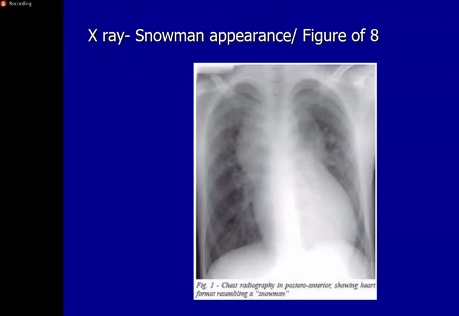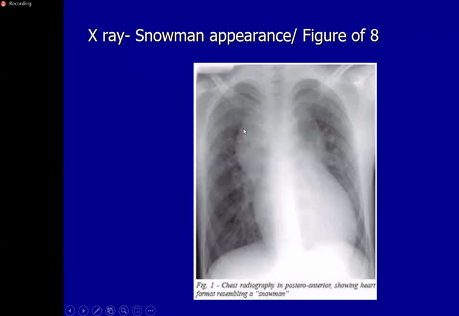Because the whole of the IVC and SVC comes into the right atrium, and then part or all of the pulmonary veins bring blood into the right atrium too. So the right atrium enlarges, and then you can see the ventricles are the same size or larger.